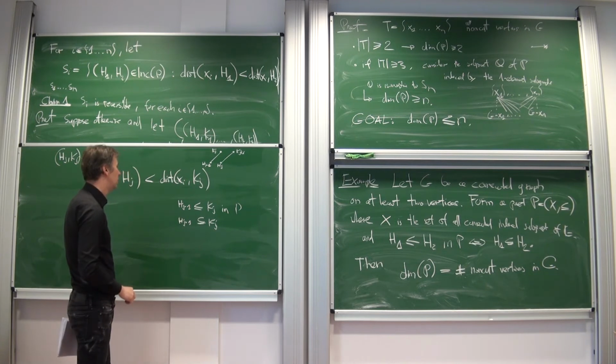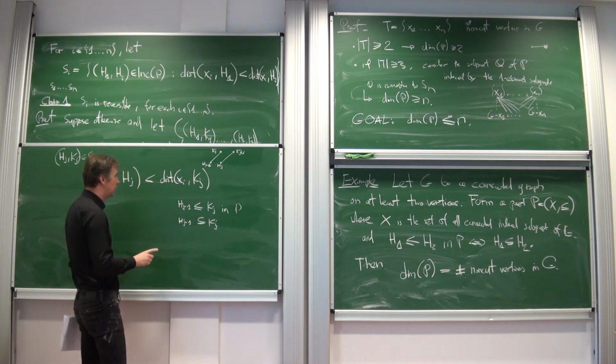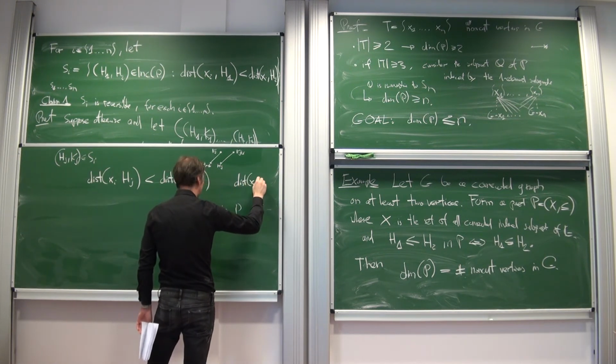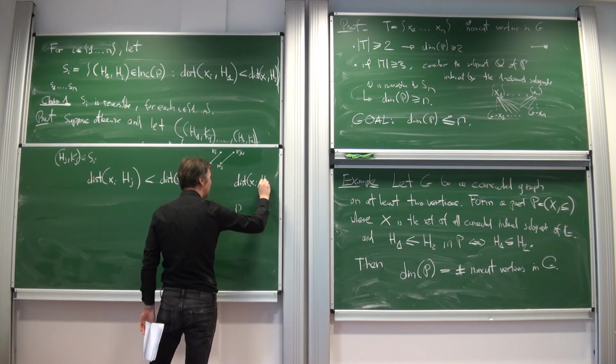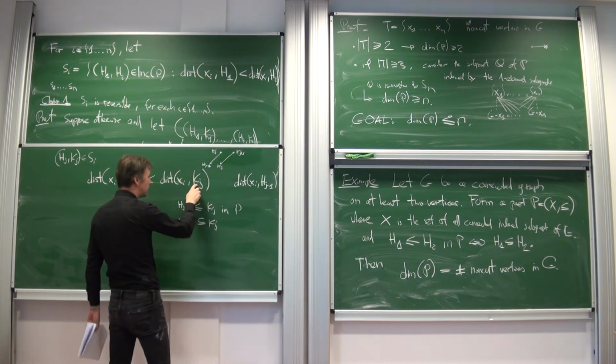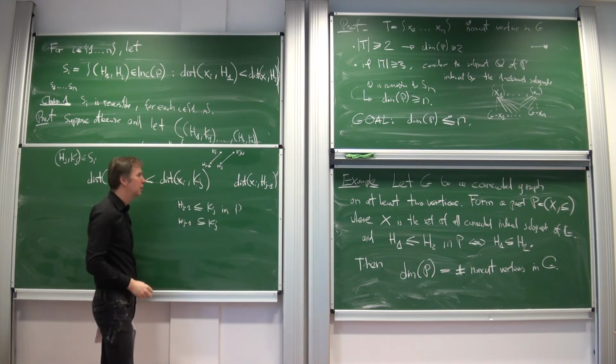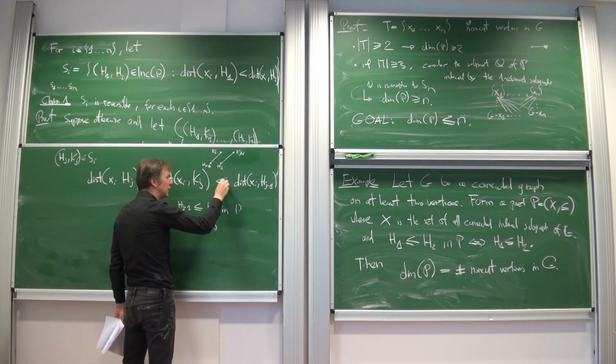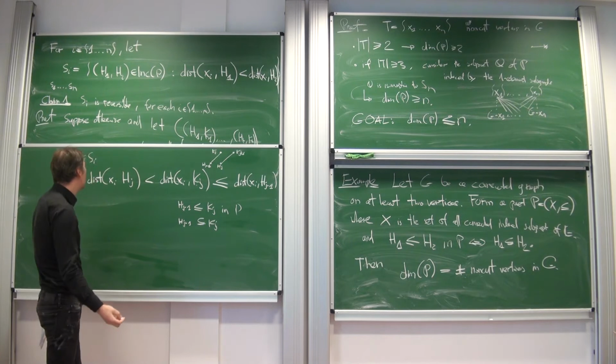There's two subgraphs of G. This means that if we consider the distance of xi to the graph Hj minus 1, we are taking a subgraph of this graph, so the distance can only get larger. It doesn't get smaller. And here is our contradiction.